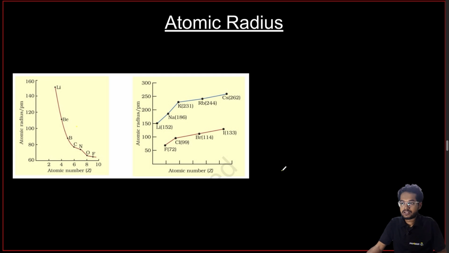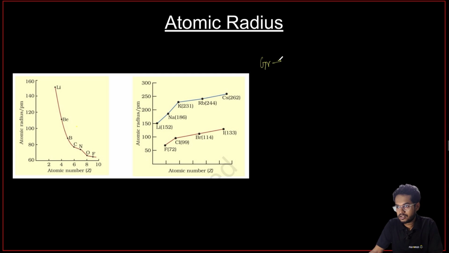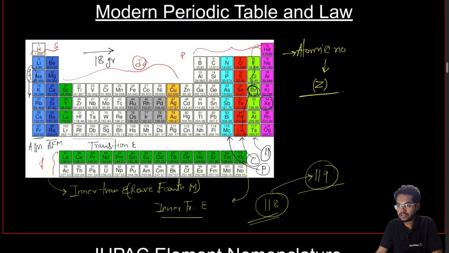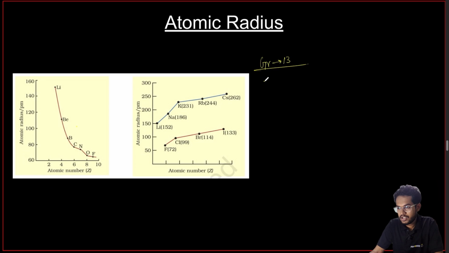So let's talk about some other groups too. Let's start with group 13. In group 13, there are boron, aluminium, gallium, indium, and thallium. In group 13, you may expect the order boron, aluminium, gallium, indium.